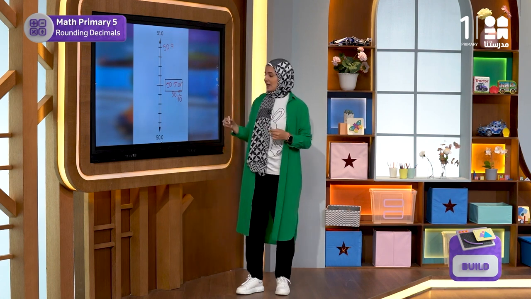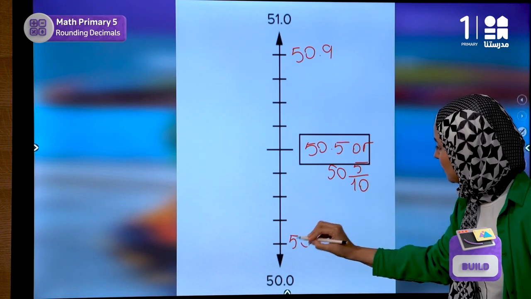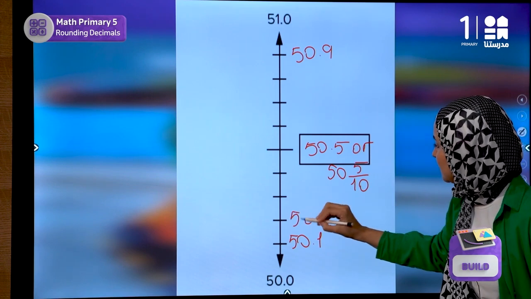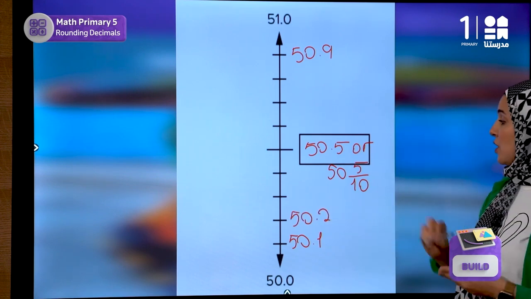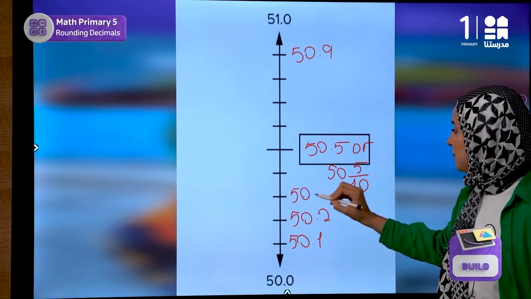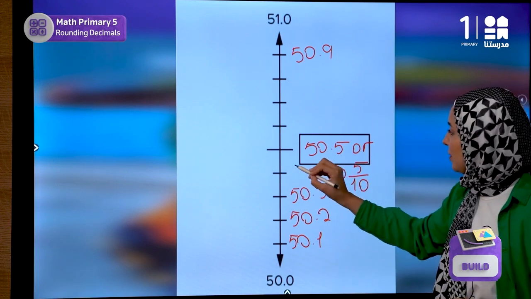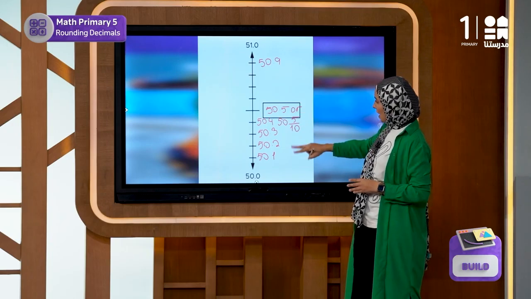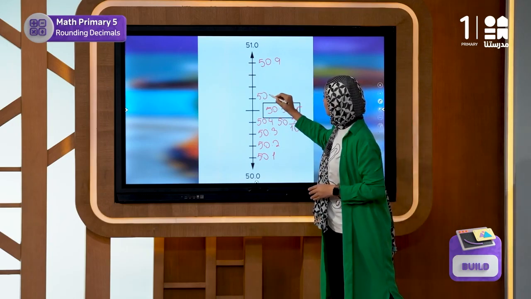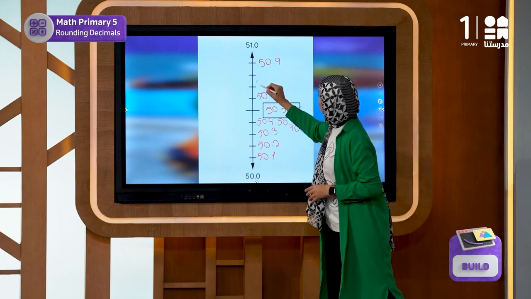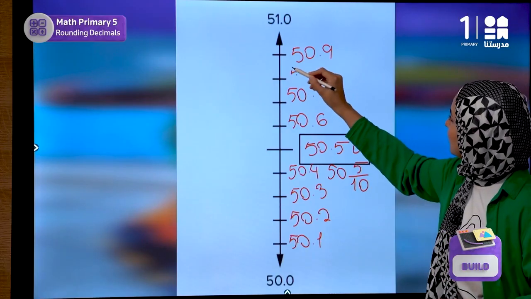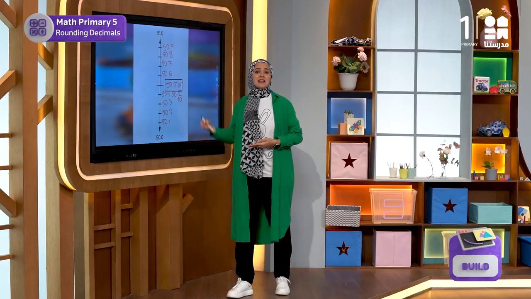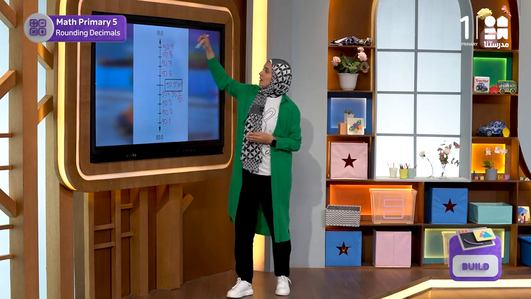The first mark represents 50.1 and the second one represents 50.2. Now what does the third represent? 50.3. Then I have 50.4. Now we go to 50.5. After that we jump to 50.6, then 50.7 and 50.8. So that means we represented the number in the correct place.